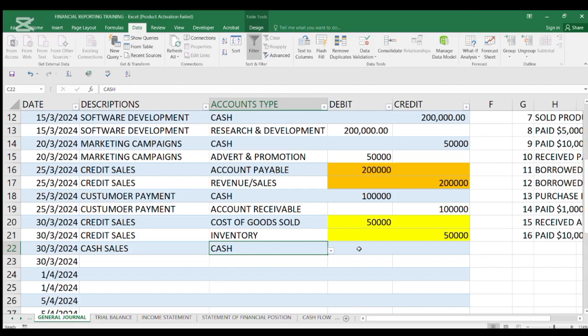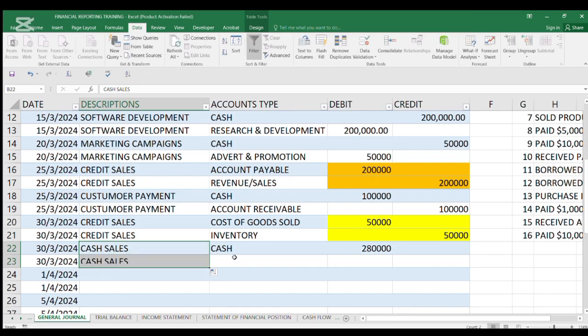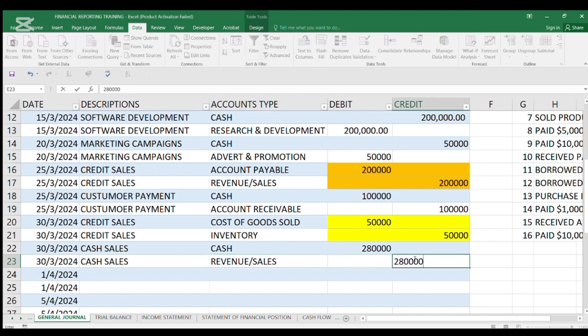This is a cash sale. Cash account is to be debited with 280,000. Then the same thing here. Then the revenue or sales account to be credited with the same value, 280,000.